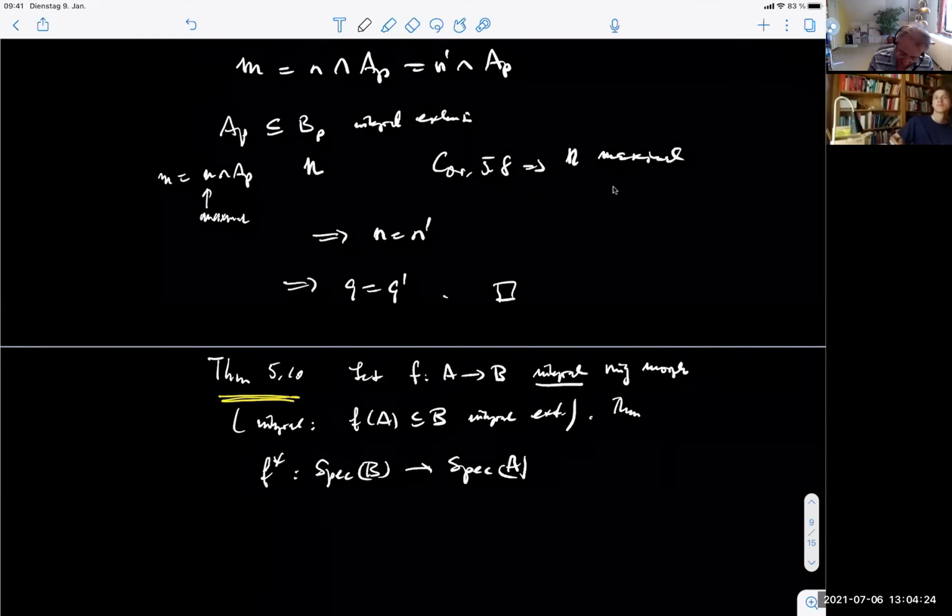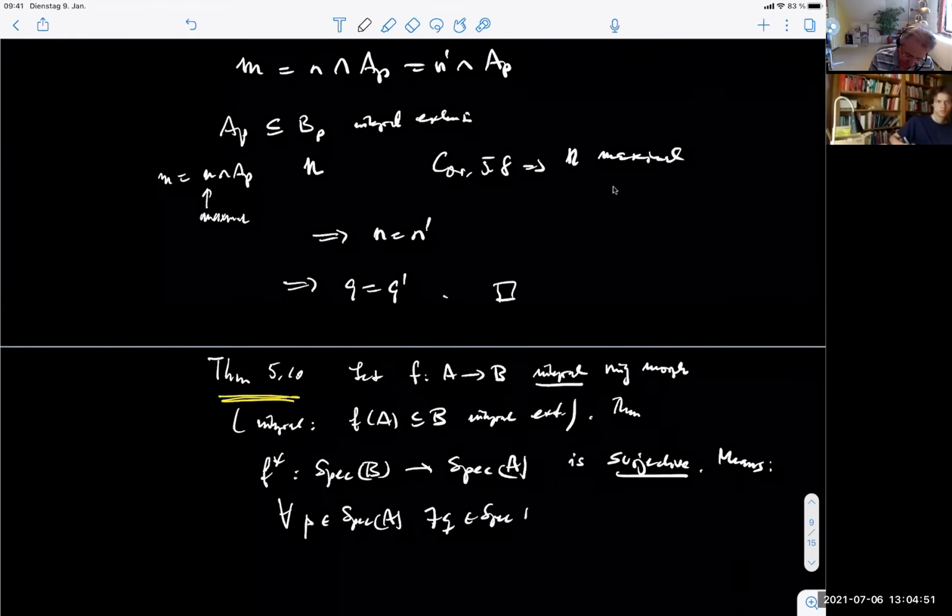The statement is that this map is surjective. If you don't like Spec and F star, it just means the following: for all prime ideals P of A, there is a prime ideal Q of B such that P is the inverse image of Q.